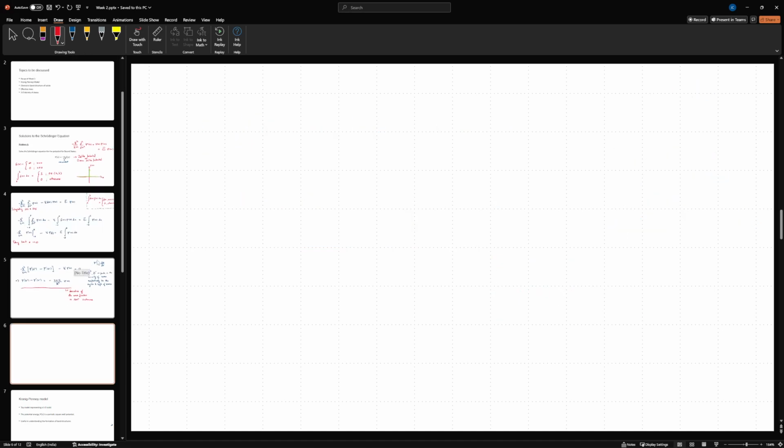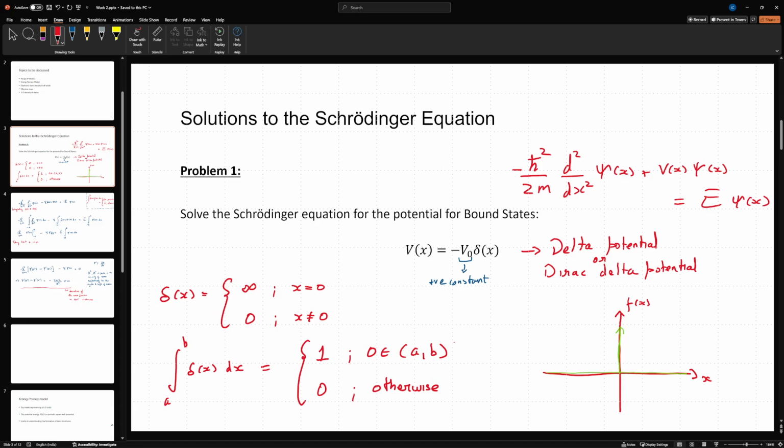So now how do we solve this? Remember, this problem also has three regions. So region 1, region 3, or rather let me say this is region 2. Apologies. And region 2 is only around 0.